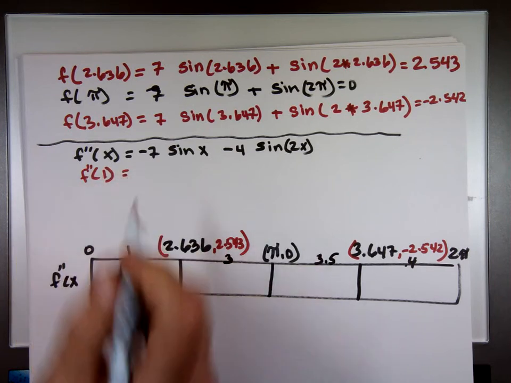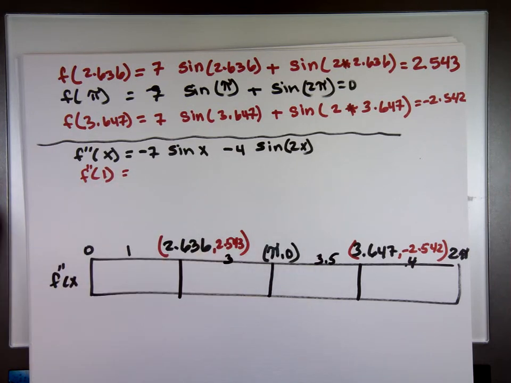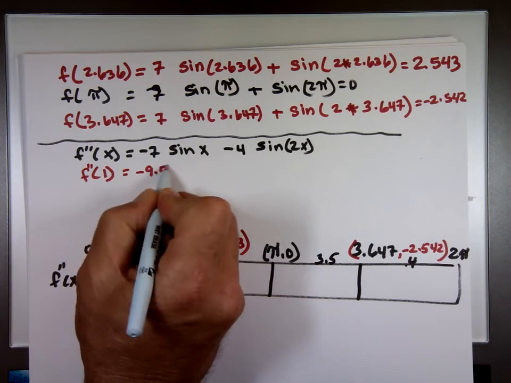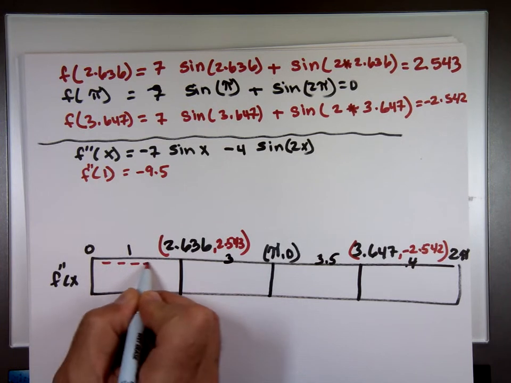All I need to know is positive or negative. So plug in your calculator: negative 7 sine 1 minus 4 sine of 2. Negative 9.5. That's a negative. Downward.